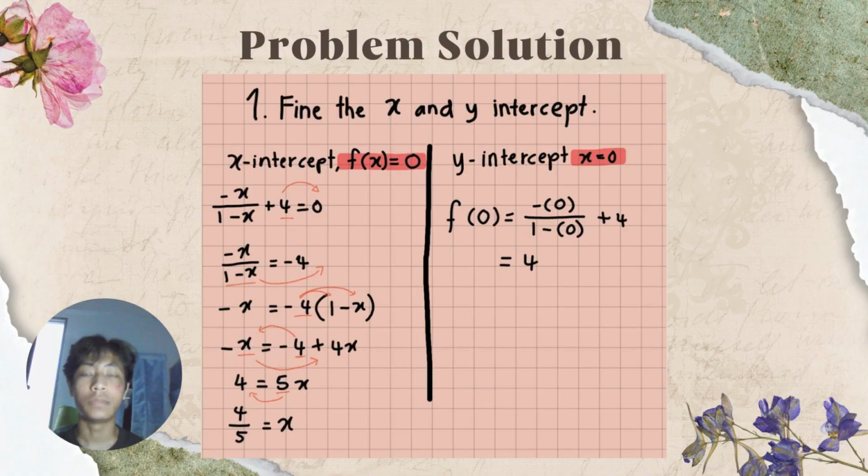Okay, now this is the problem solution. The first one is we need to find the x and y intercept. As usual, if you want to find the x-intercept, we need to use f(x) equals 0, and we got the answer. And the y-intercept is easier than the x-intercept, which is we need to substitute the x with 0.